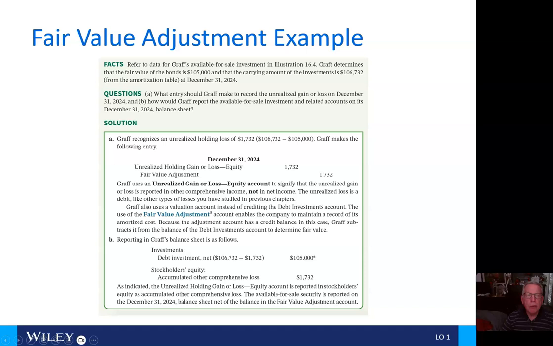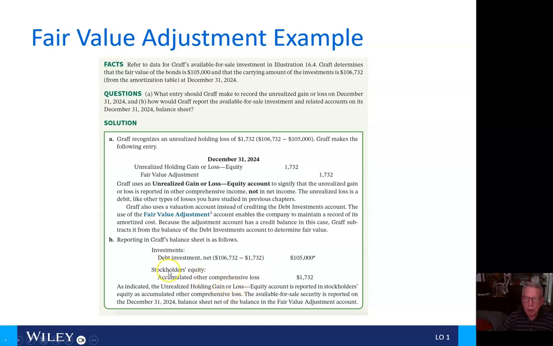And so now, what entry would you make to record the unrealized gain or loss? So what we would do is we would subtract 105,000 from the 106,732. We get $1,732. That's our unrealized holding gain, loss here in this case. So it's a debit, and the fair value adjustment is $1,732.